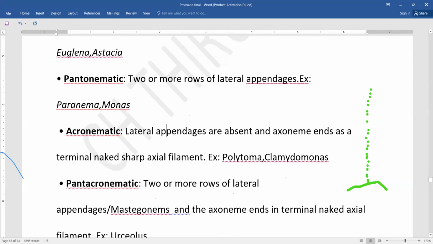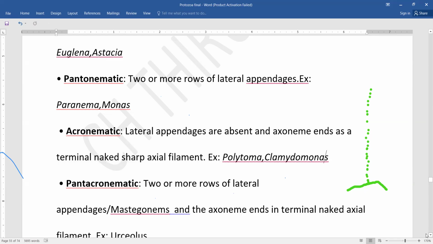Acronematic: lateral appendages are absent, and the axoneme, a supporting rod-like structure, ends as a terminal naked sharp axial filament. Some consider it a terminal single mastigoneme. The terminal part of the acronematic flagellum is sharp, and that axial filament can be considered a single mastigoneme. Examples: Polytoma and Chlamydomonas.